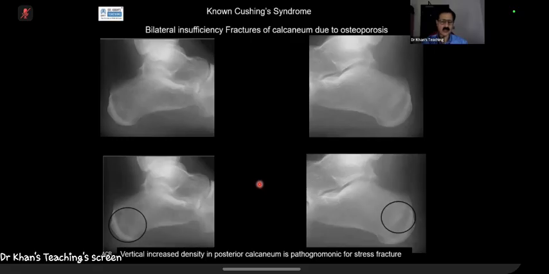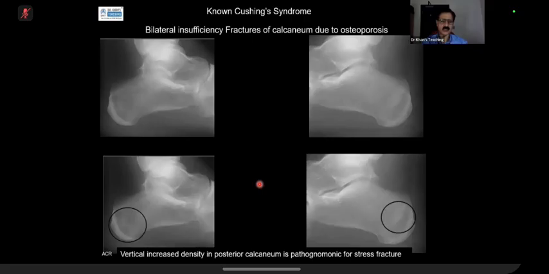You should have a clear-cut idea of the definition. Insufficiency fracture is normal stress on abnormal bone, and stress fracture is abnormal stress on normal bone. So an athlete who is running too much causes a stress fracture.